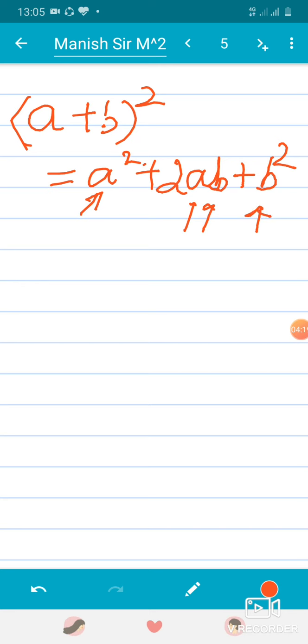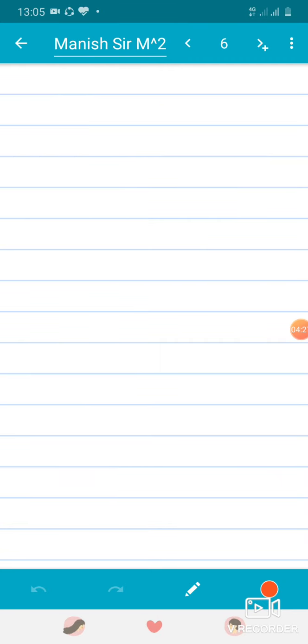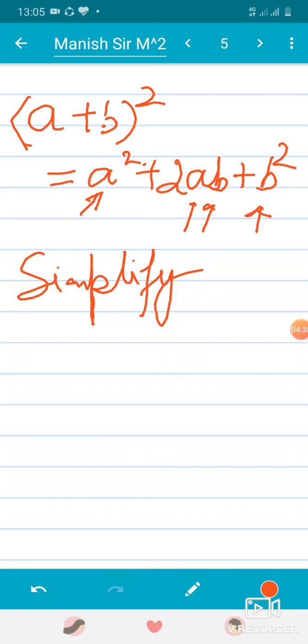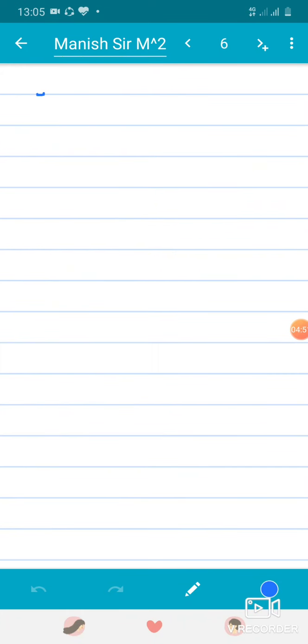This is your first algebraic identity, on which we could solve some questions and learn how to simplify these types of questions. If the question is given to simplify 2a plus 3 whole square, then how could we solve it? Your question says to simplify 2a plus 3 whole square.